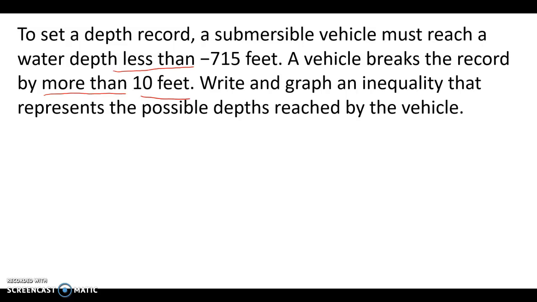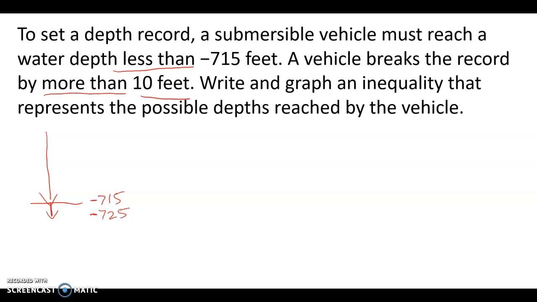So they're going down. The record is right now at 715. So negative 715 feet. Now it says they can break the record by more than 10 feet. So go down another 10 feet. That's at negative 725.